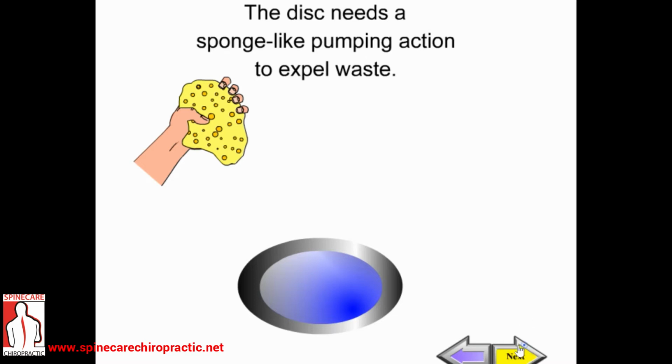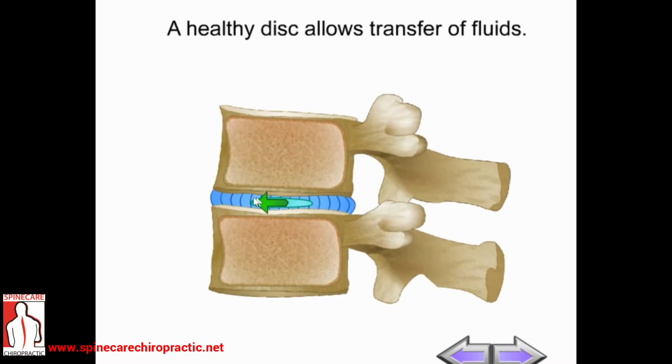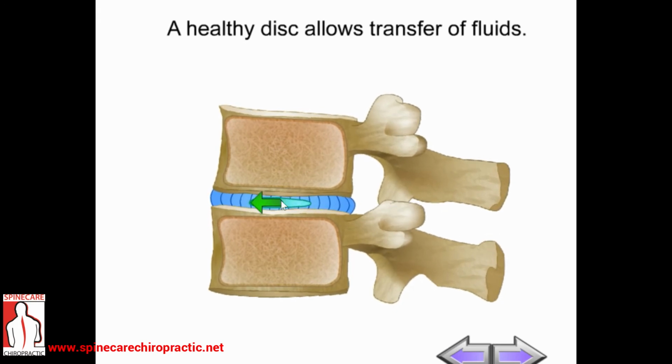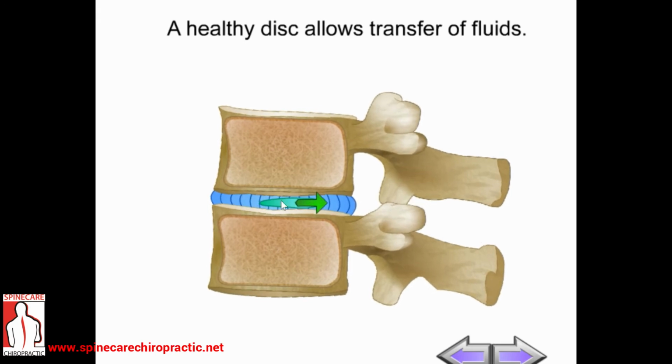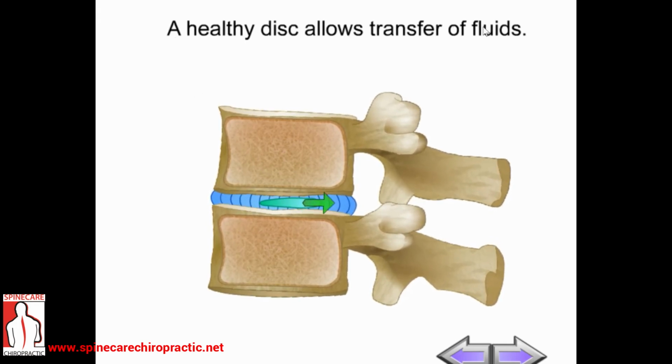If the disc can continually pump in clean fluids and new nutrition to regenerate, rehydrate, heal and function properly, then it's healthy. It also needs to expel and get rid of all the toxic waste. So a healthy disc allows transfer of fluids.